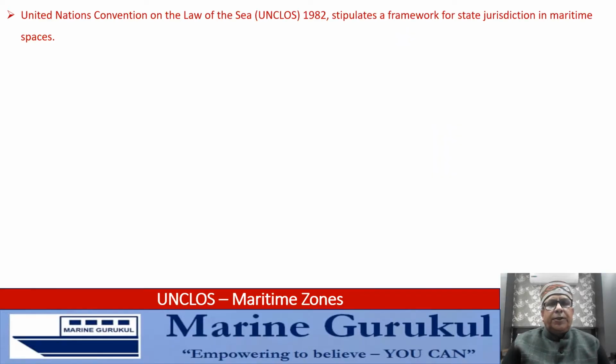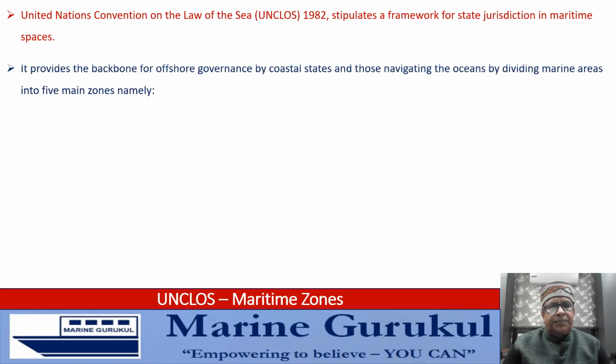The United Nations Convention on the Law of the Sea 1982, popularly known as UNCLOS, stipulates a framework for the country's jurisdiction in the maritime spaces or the maritime areas.